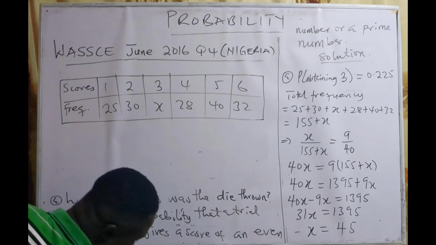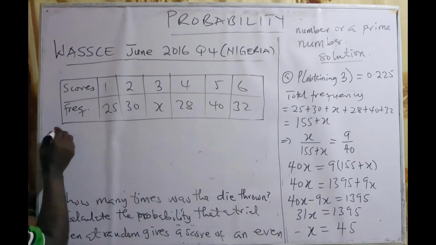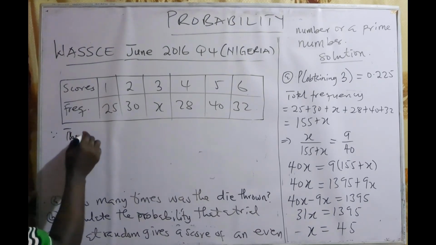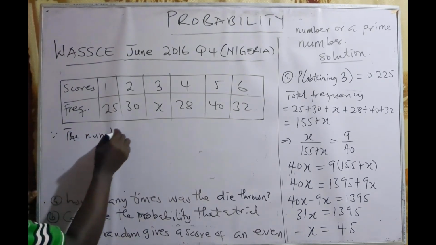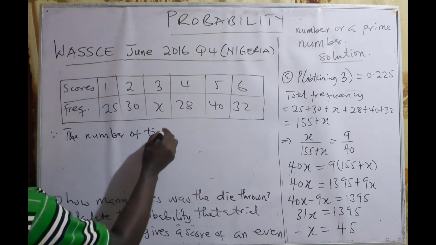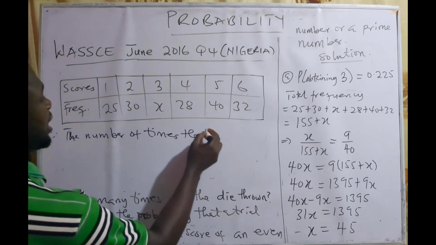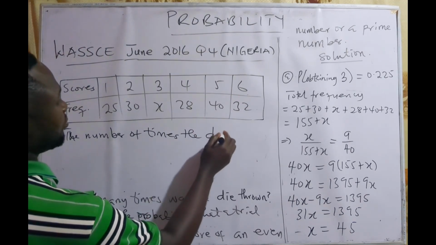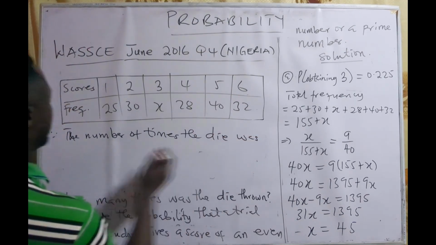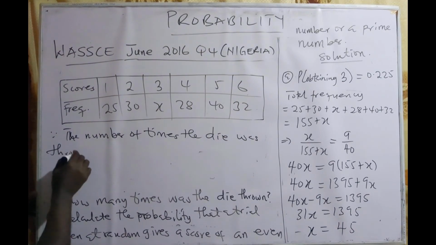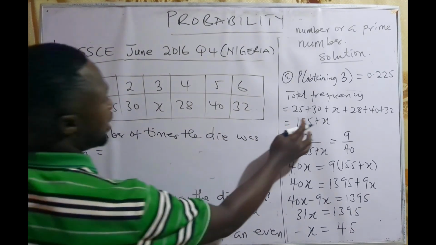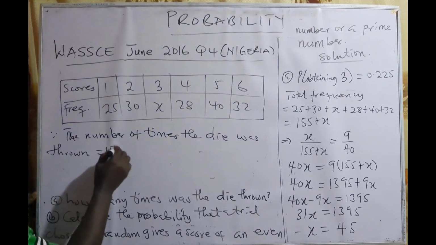Alright. Therefore, we conclude that the number of times the die was thrown is equal to 155, the total frequency, plus x.